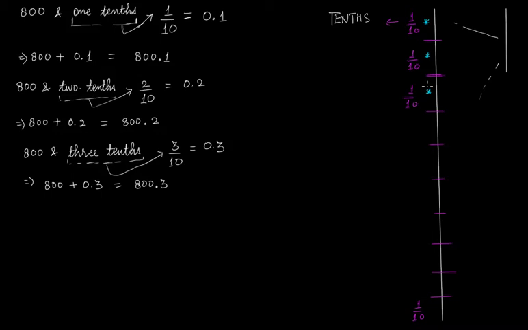You go on doing like this, the 4/10ths, then the 5/10ths, then 6/10ths, then 7/10ths, then 8/10ths, then 9/10ths. You have reached this point, and going by the same pattern, you now have 800 plus 0.9. Therefore this will be 800.9 when we are taking these 9 equal portions.